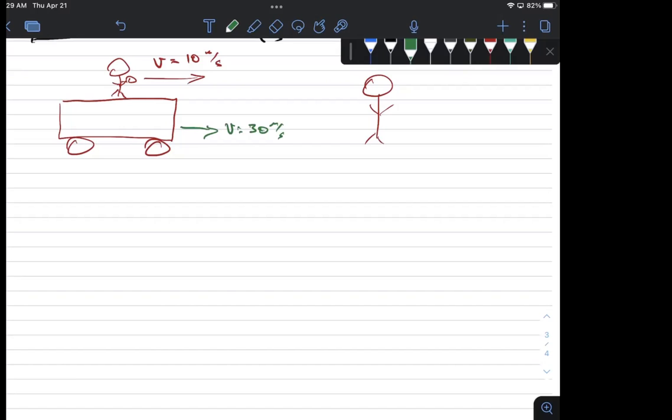So this person would see the velocity of the ball be 40 meters per second, whereas before it was only 10. Because the source, the ball, is moving towards you before it's thrown. So the motion of the source affects the speed you're going to see.